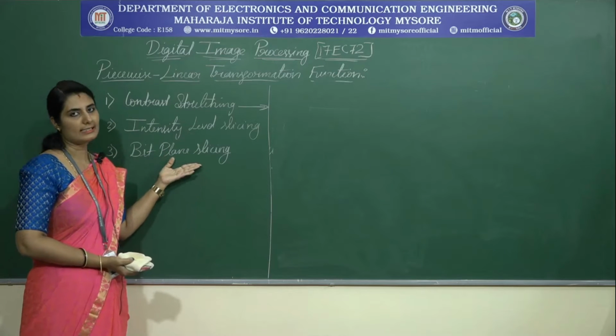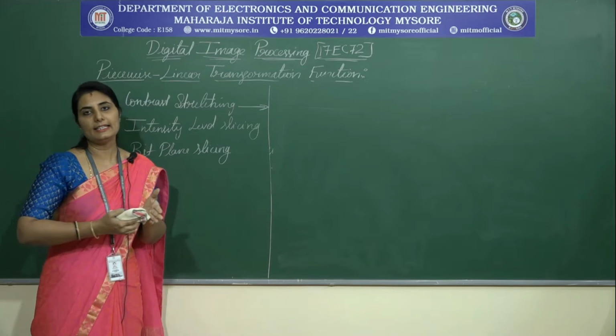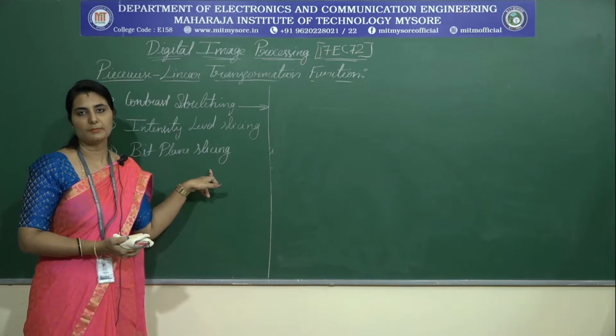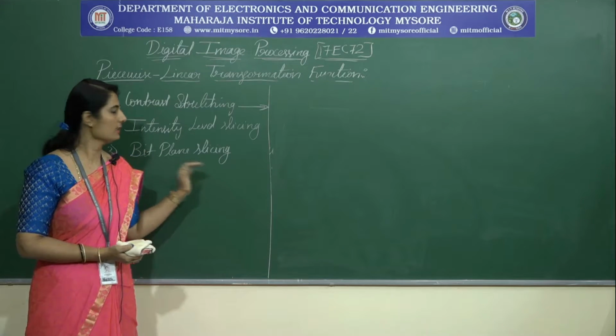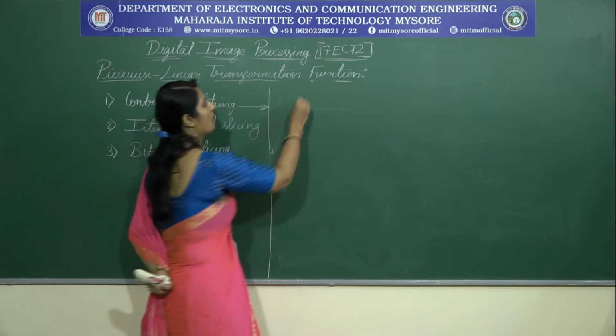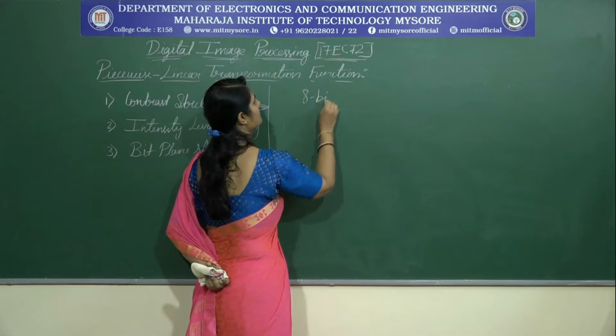Whereas in bit plane slicing, we highlight the entire image appearance which is specific to that particular bit plane. Okay, so to illustrate this, let me consider an example of an 8-bit image.